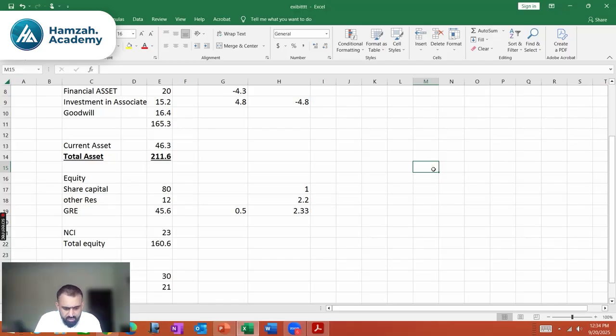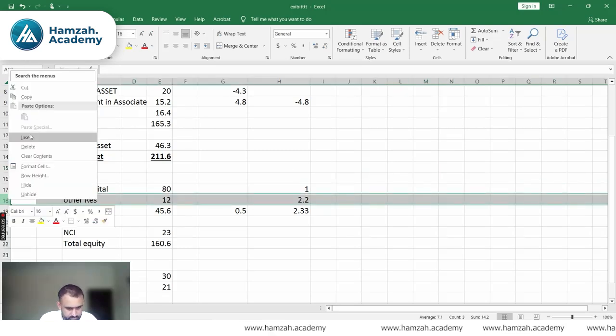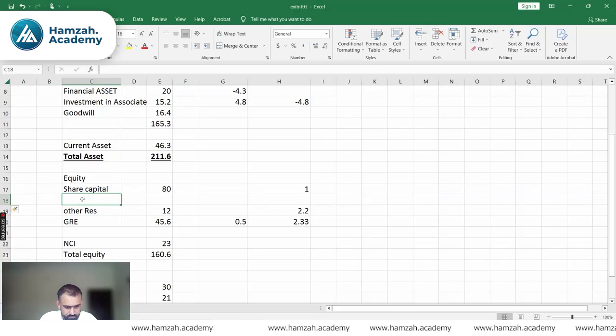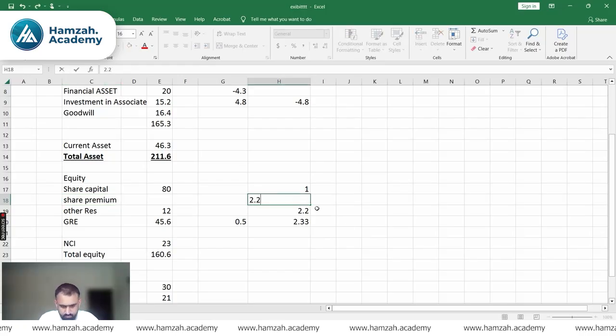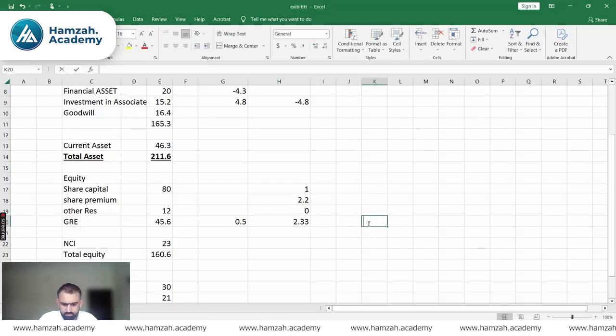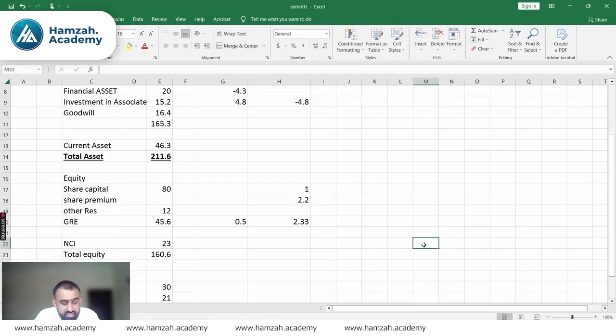So investment is debited with 3.2, share capital credited 1 and share premium credited with 2.2 million.